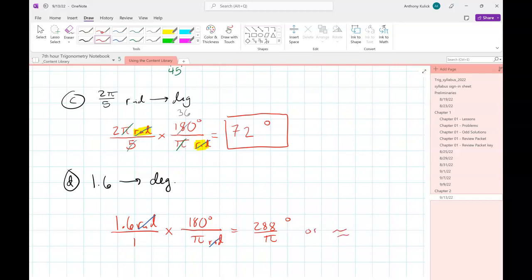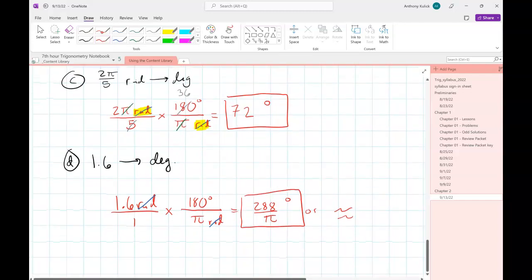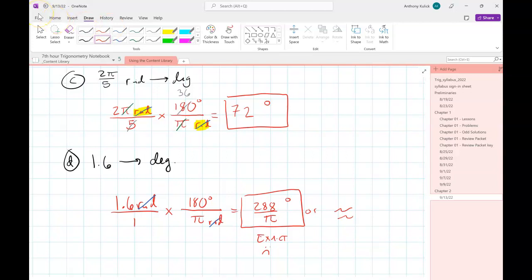Do you suppose, or in your geometries, have you ever seen an angle measure written like that? 288 over pi degrees? No. And really, we wouldn't ever write it this way. Degrees are almost always going to be represented as a decimal as opposed to a kooky looking exact number like that.